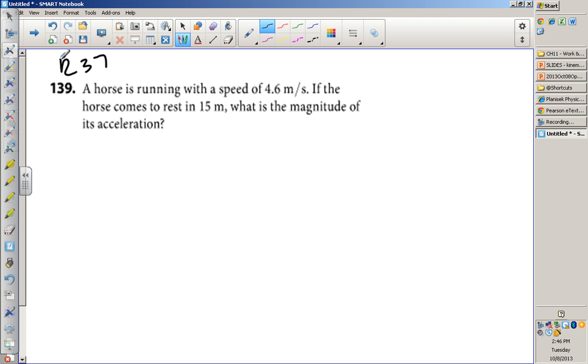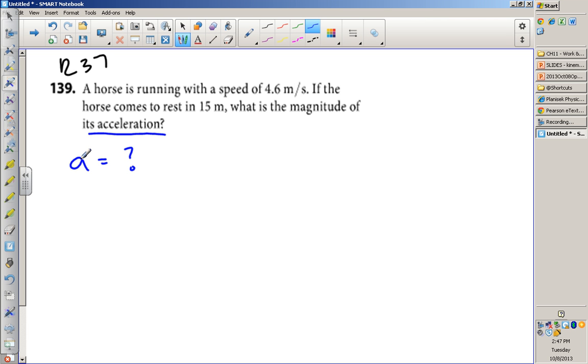If the horse comes to rest in 15 meters, what is the magnitude of its acceleration? So, first things first, what is this question asking us for? The magnitude of acceleration. So A is our question mark in this problem.